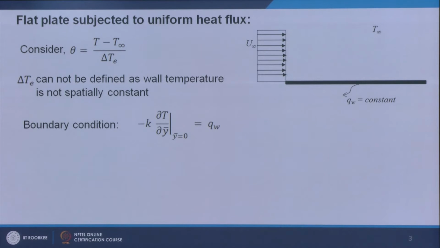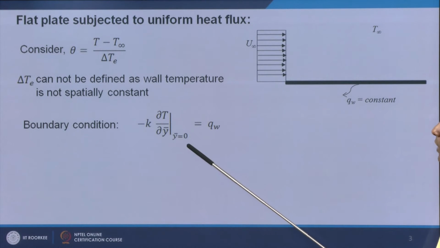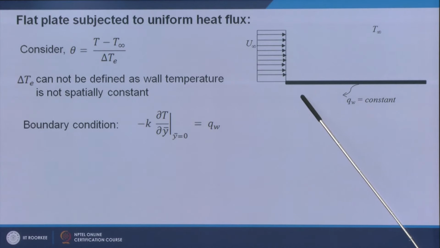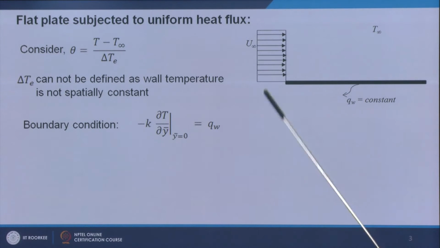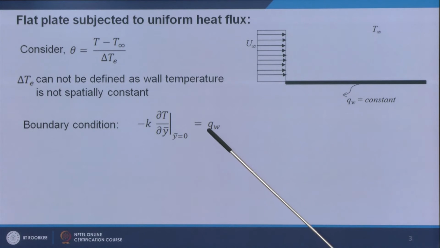For that we will start from the boundary conditions, because now the boundary condition will vary a little bit. Earlier it was T at the wall equal to Tw, now it will be minus K del T del Y at Y equals 0, that means the wall, where Y is in the cross stream direction. Minus K del T del Y is equal to a constant, which we take as Qw.